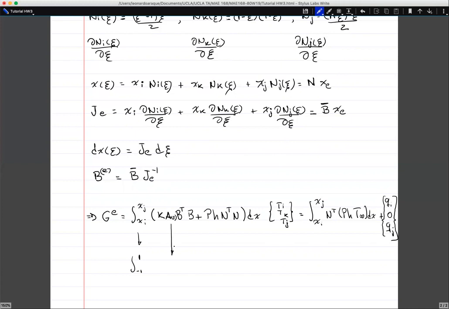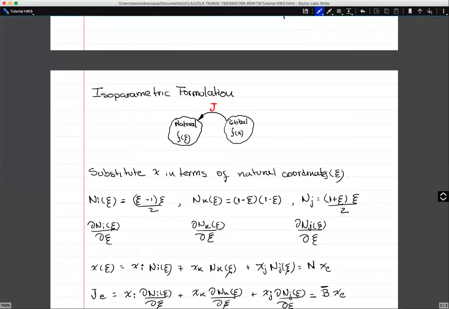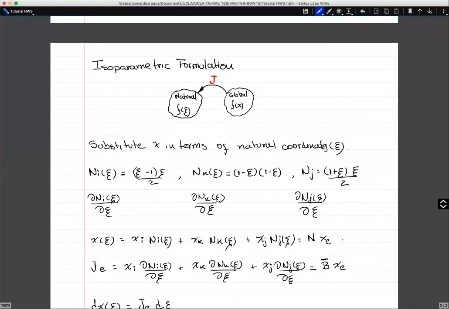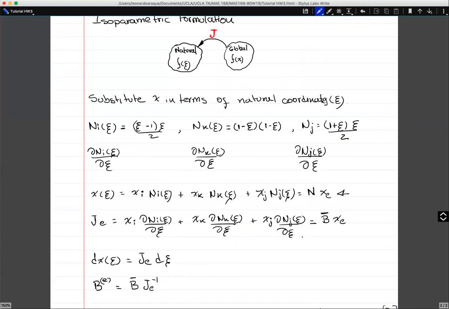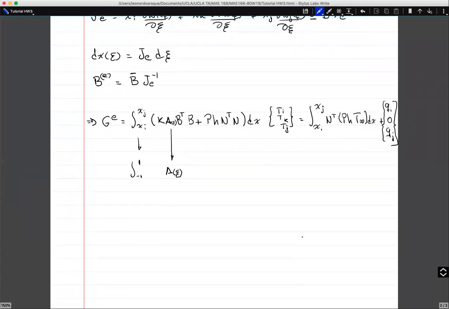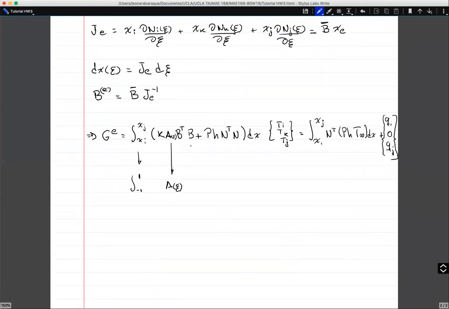Our area, which is a function of x, will now be a function of psi. How? We take the equation for the area as a function of x and just make the substitution of x by this expression, all right? We have B transpose, but B transpose is just the transpose of B, right?